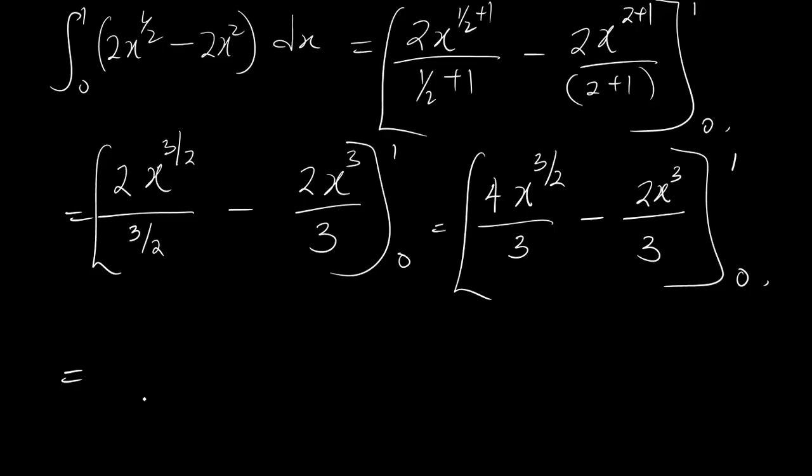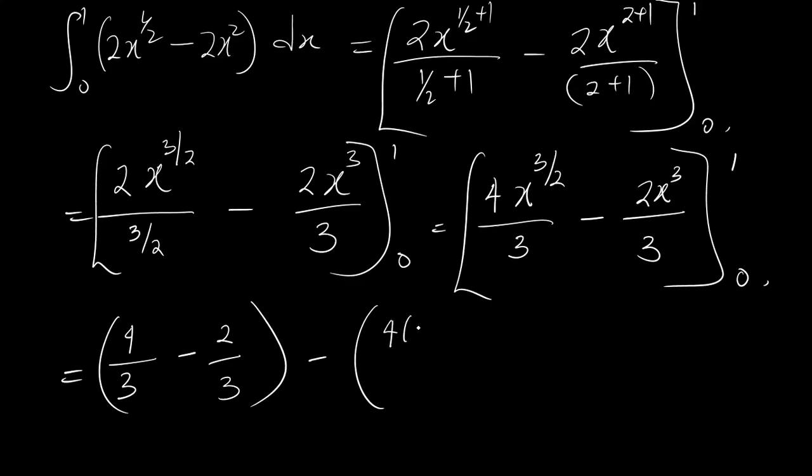So now we now have, when you now substitute, when x is equal to 1, you have 4 all over 3 minus 2 all over 3, then minus this one will now be 4 times 0 raised to power 3 over 2 divided by 3 minus 2 times 0 raised to power 3 all over 3.